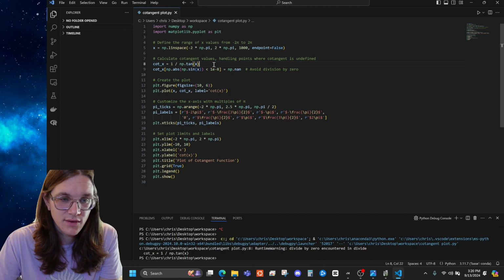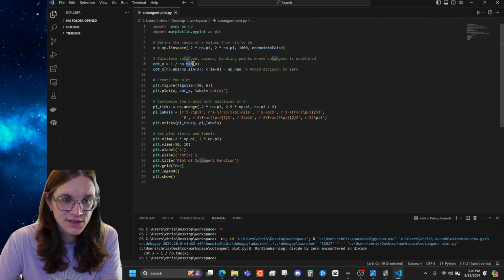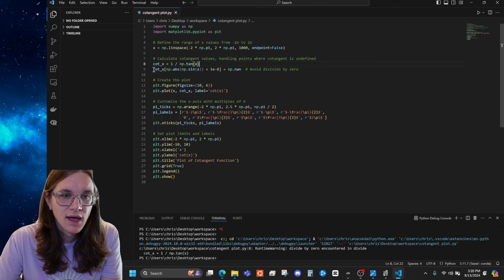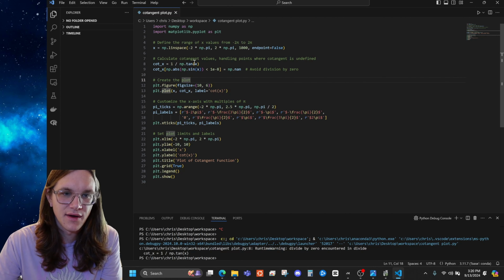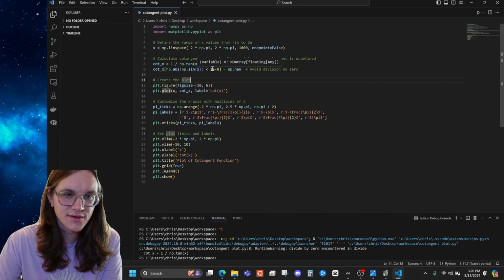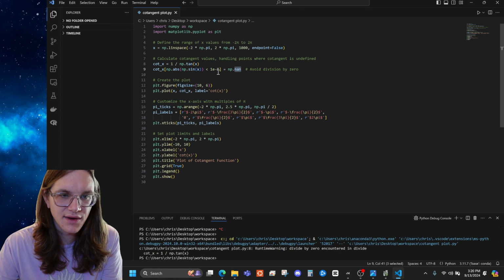Here we're going to say, okay, our cotangent of x is just 1 over tangent. This is a numpy function, tangent. So it's just calling upon the function tangent here. Not sure if there's a cotangent one. Could be, but we'll do it this way, it's fine. And this is just to make sure that when we run into the points that don't exist on the plot, and we divide by 0, it simply changes those points to NaN, not a number.